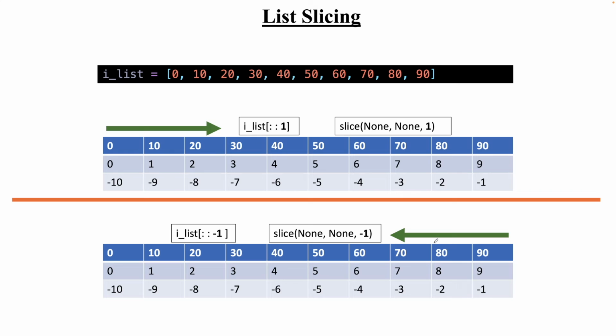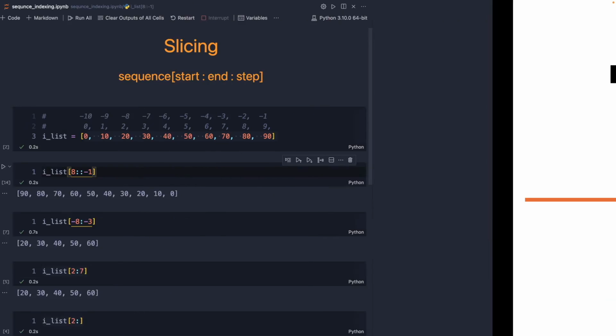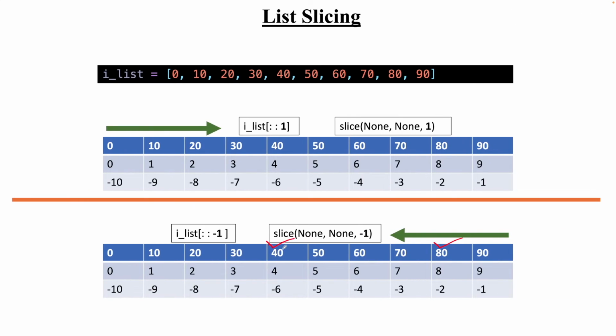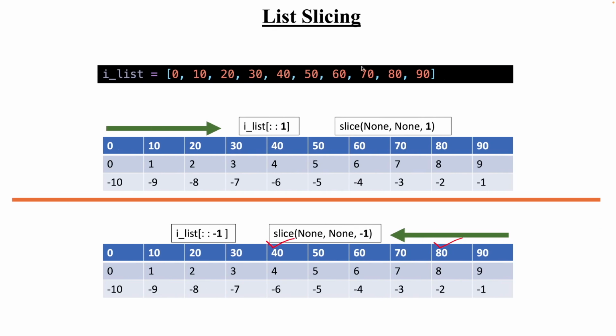So now let's say I want to take a slice from 80 to 40. We first mention the index of this 80, because this is the start, and as usual we include our start index, so we mention 8. Then we go up to 40, but the end does not include the last index.